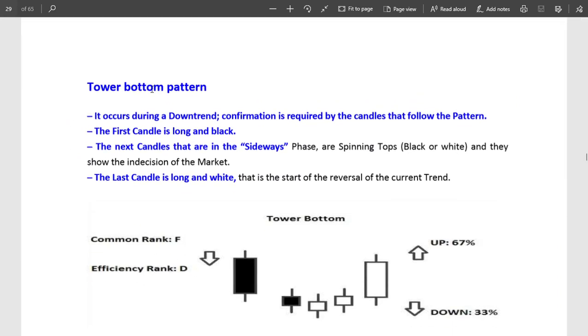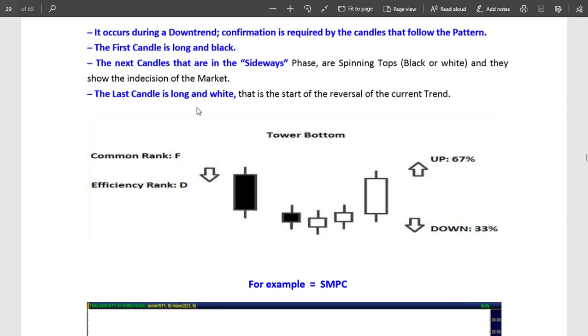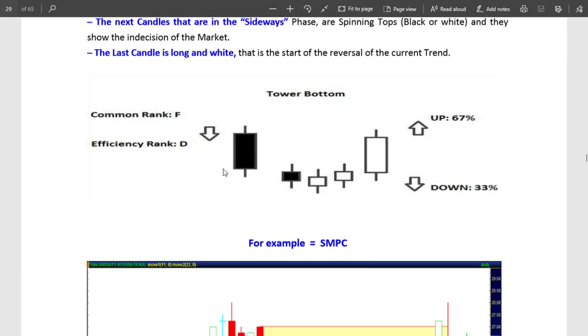We have a tower bottom pattern. For the tower bottom pattern, we have price going down, and it's like the opposite of the tower top. You have a consolidation here, then we have a bullish signal.